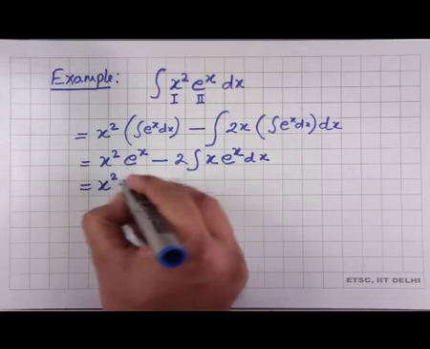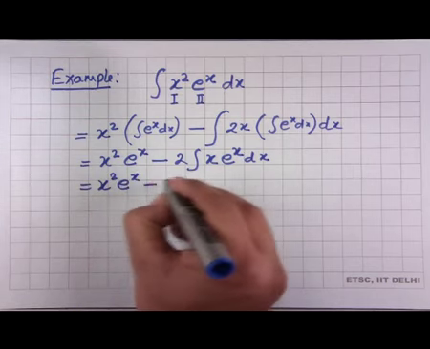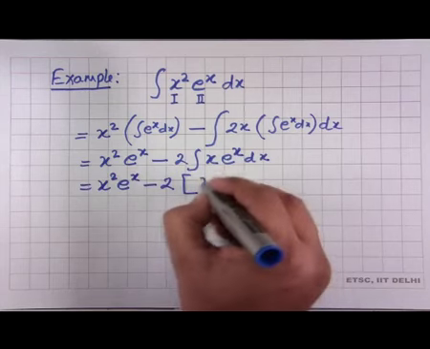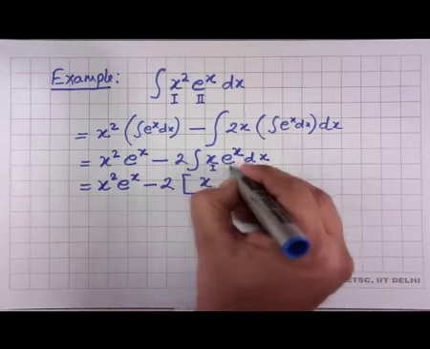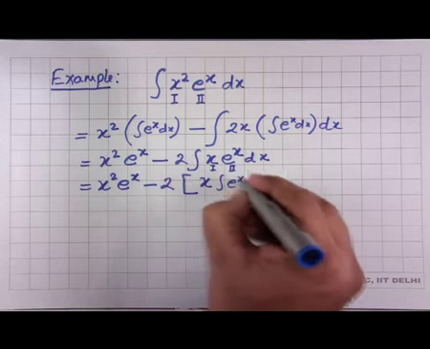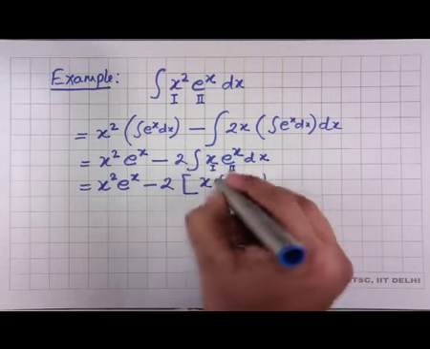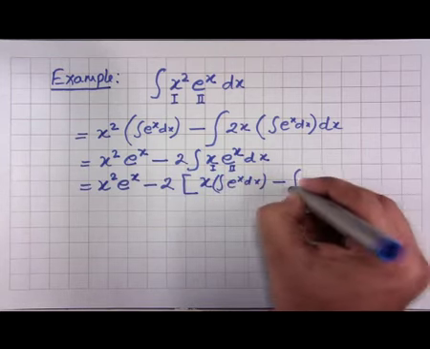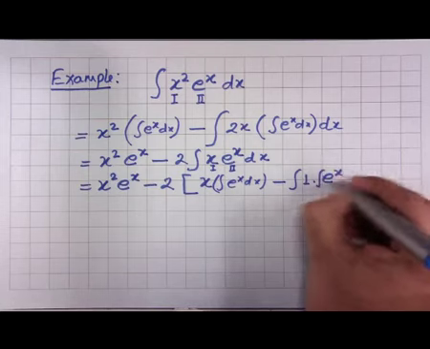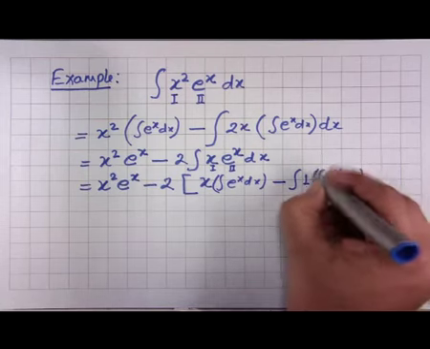Same method as we used in the previous example, twice. Put a square bracket here. Again you consider this as first function and this as second function. So, first function integration of the second, minus differentiation of first integration of the second, and then whole integration.